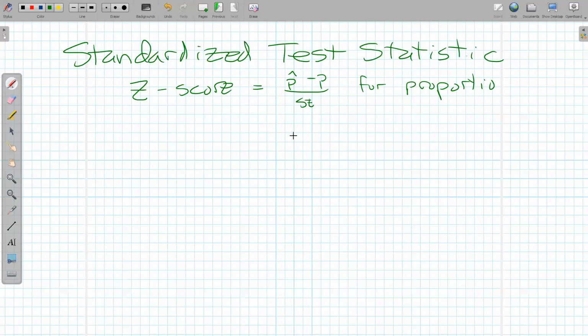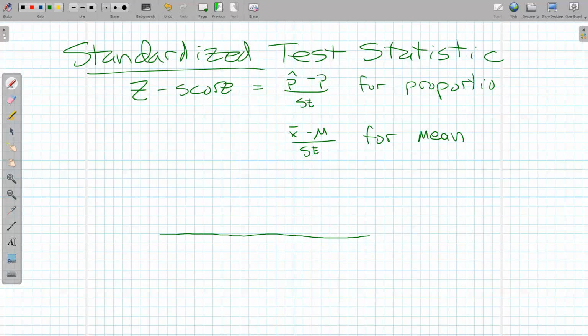For a mean, it would be x bar minus mu over the standard error. So it's always some value of interest minus the center of the distribution divided by the standard error or standard deviation. And one reason we look at this standardized version instead of the actual sample mean or the actual sample proportion is based on other work we've done.